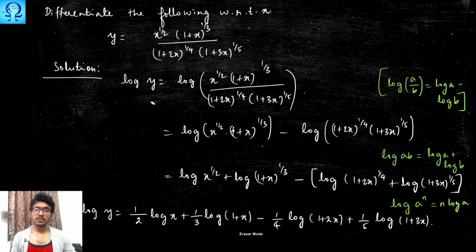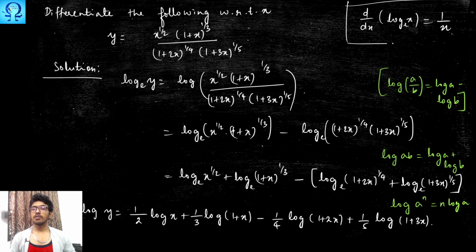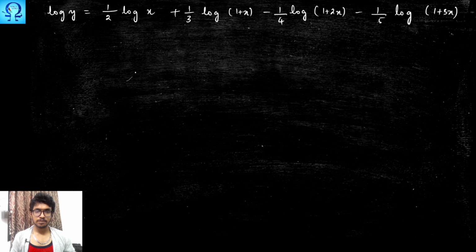We are going to differentiate things, so it would be better if we take the logarithm with base e, right? So that we know for sure that d/dx of log x to the base e is going to be 1/x. This is what we will make use of, for which it is better to take log with base e. Whatever may be the base, you can do these operations, but for our convenience we are taking log with base e, right?